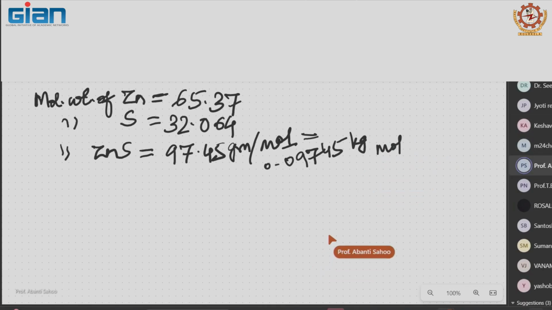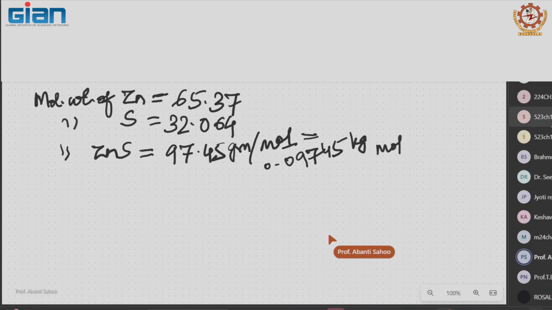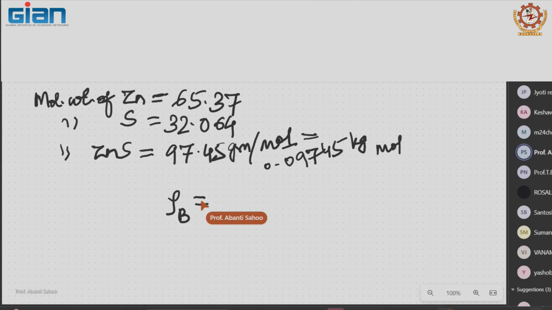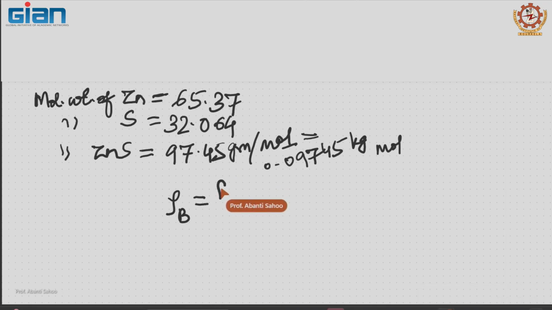So, thus we can calculate the molar density of the pure solid reactant. Molar density rho b: density is given, and density divided by the molecular weight in kg per mole will give you the molar density.